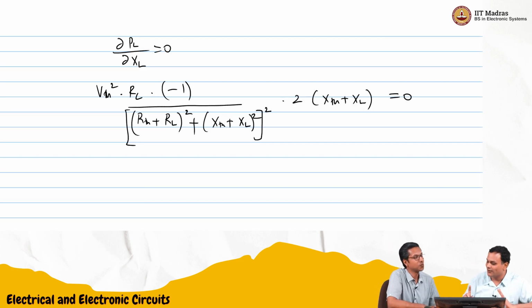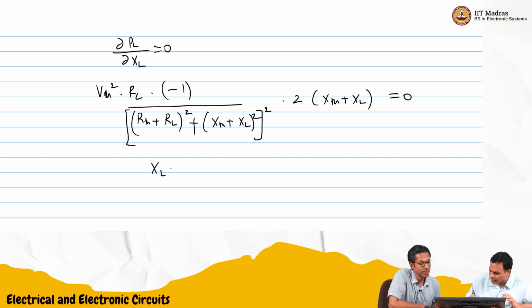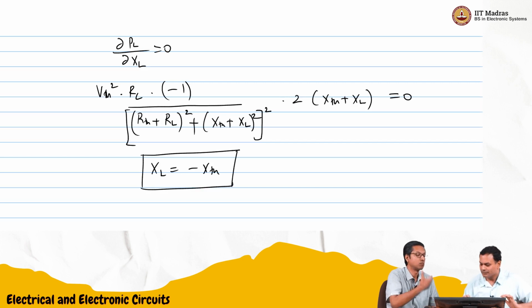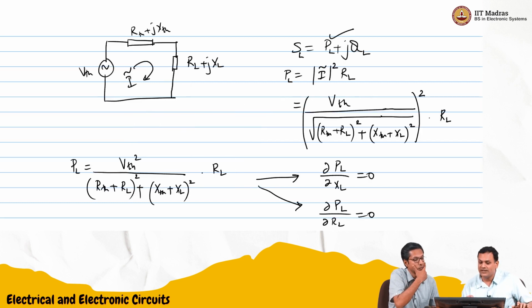So this is working out very simple, actually. XL should be minus XTH. So if you want maximum power transferred to RL, the load, the reactive part of the load should be negative.